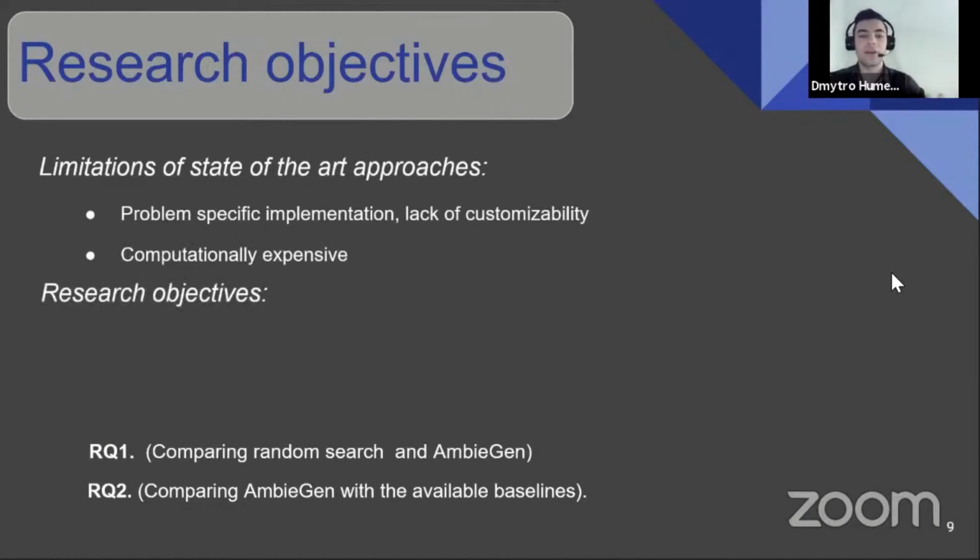By looking at these approaches, some of the limitations that they have is the lack of customizability, because for example, if you represent a scenario as a sequence of points, it's difficult to add some more complexity other than the points.